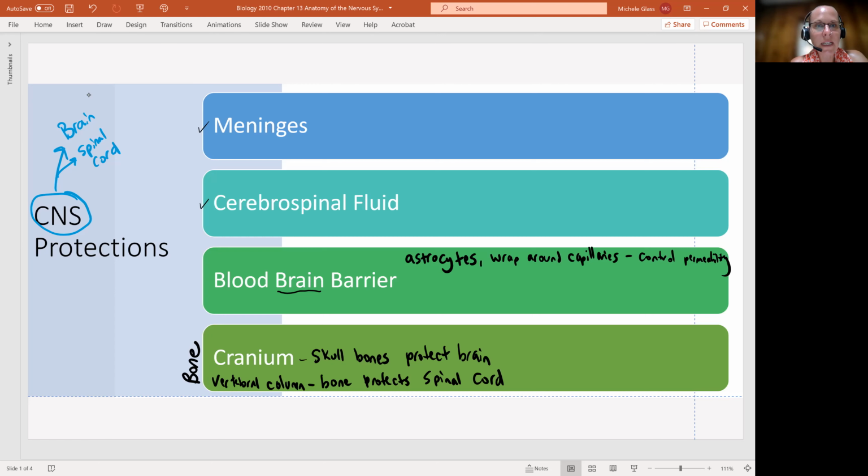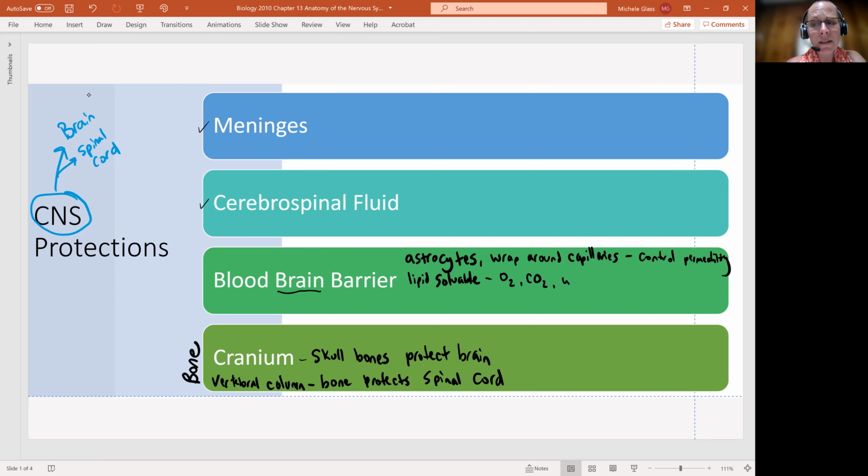And so what we're seeing is that things have to actually cross through the cell membrane of the astrocyte. So it goes from the bloodstream through the cell membrane of the astrocyte before it has contact with the neurons, right? And so this means it has to be lipid soluble, meaning it has to go through the phospholipid bilayer of the astrocyte. So that's stuff like oxygen gas, carbon dioxide gas, right?